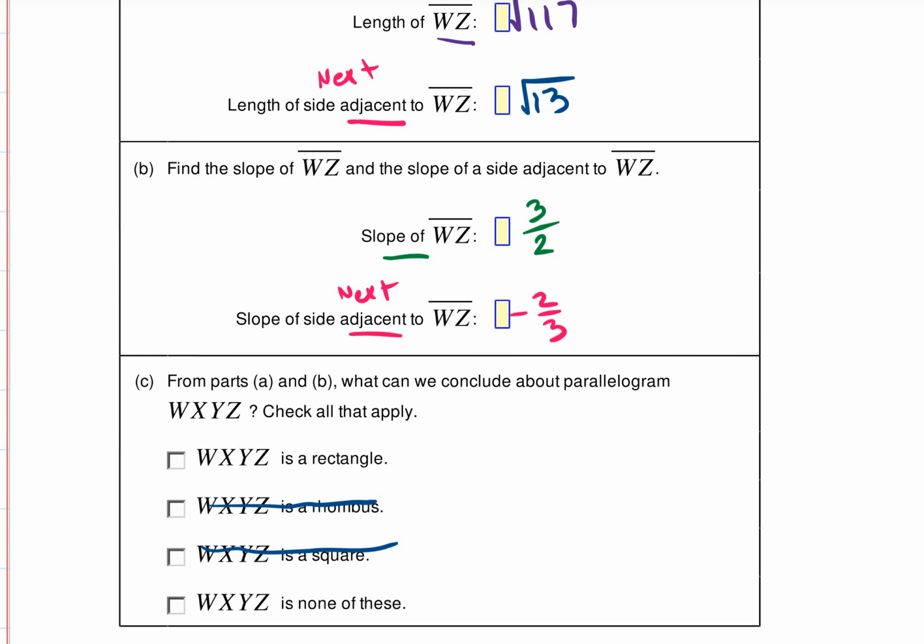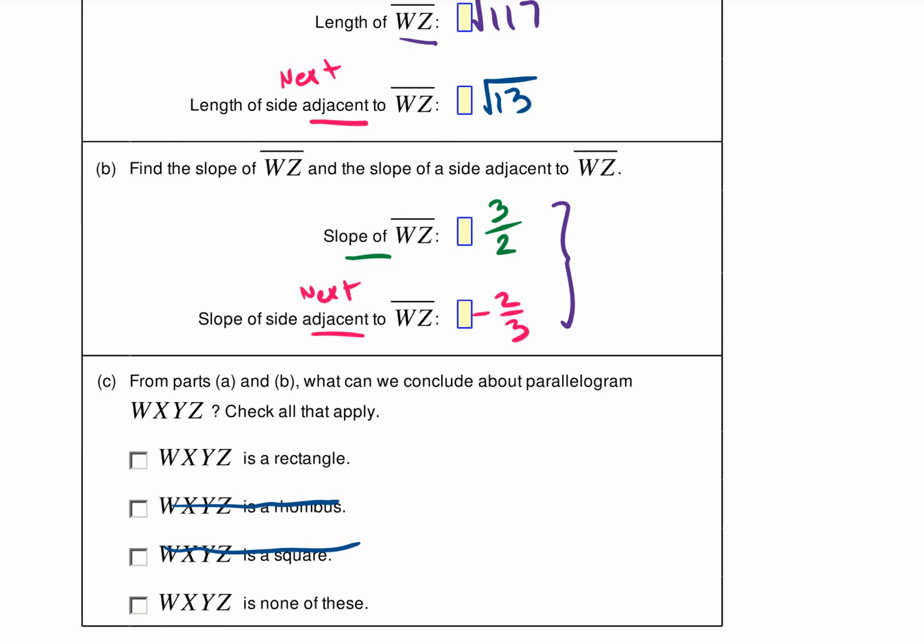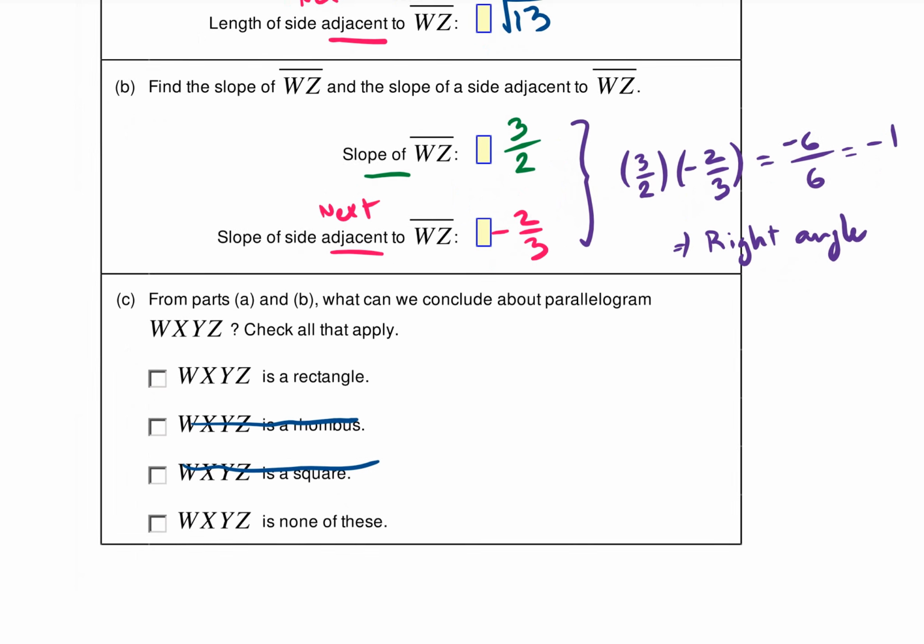To check if they are perpendicular, multiply these two numbers. If they equal -1, then they are perpendicular. 3 times -2 is -6 over 6, which is -1. That tells us there's a right angle, because the two segments cross each other at 90 degrees, or are perpendicular to each other.